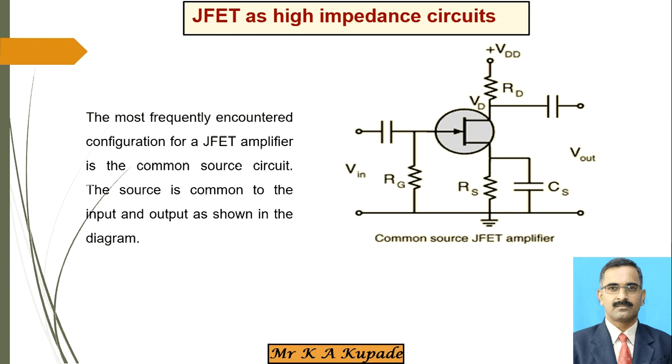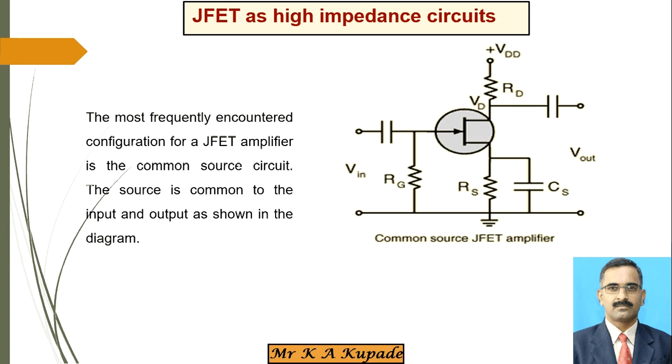Now here, since the JFET has high input impedance, in this slide I have shown this self bias common source JFET amplifier. Here the RS, which has the CS parallel capacitance, biases the gate junction. It provides the negative voltage to the gate junction, developed across the gate terminal and source due to the RS drop from the ID current flowing through the JFET.